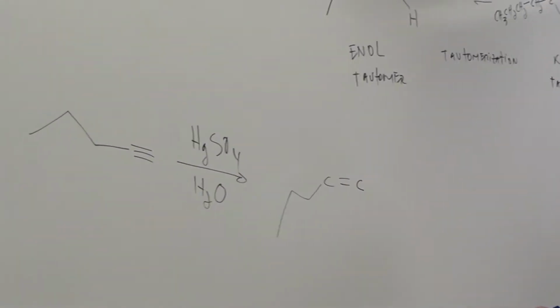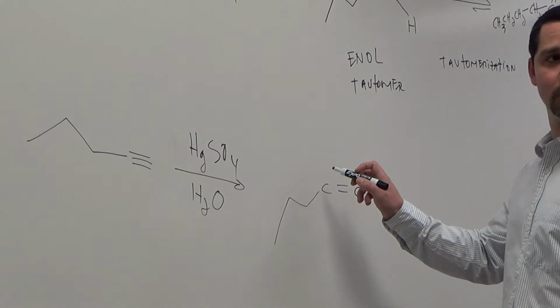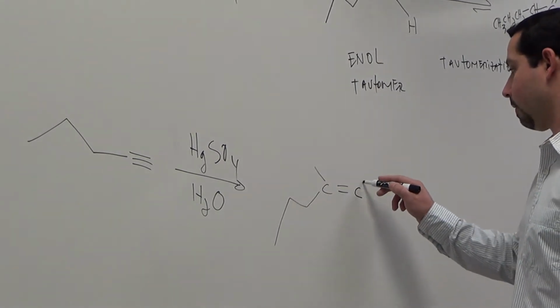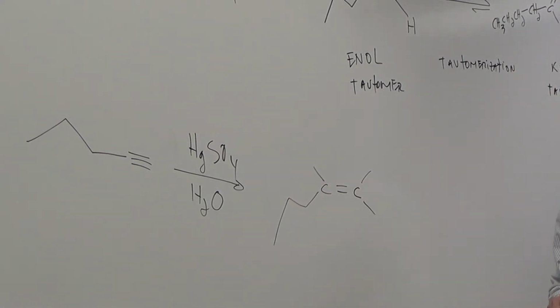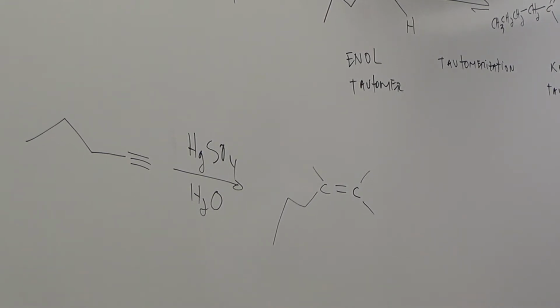Is that right or no? Hello? Yeah. Where's the OH going to go? With the more substitution. Where's the OH, man? Where is it going to go? On the right or on the left?